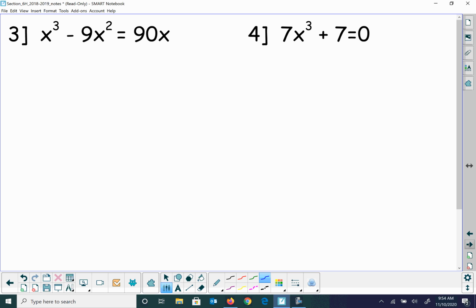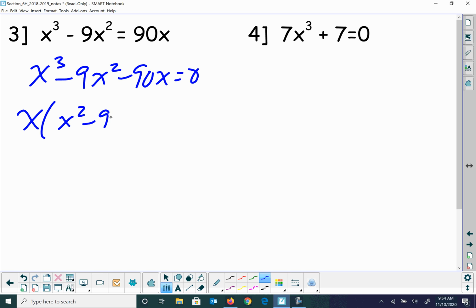All right, so this one, make sure you bring that 90 over, the 90x over. Factor out x from everything. So this gives me x equals 0 as my first one. That takes care of that.